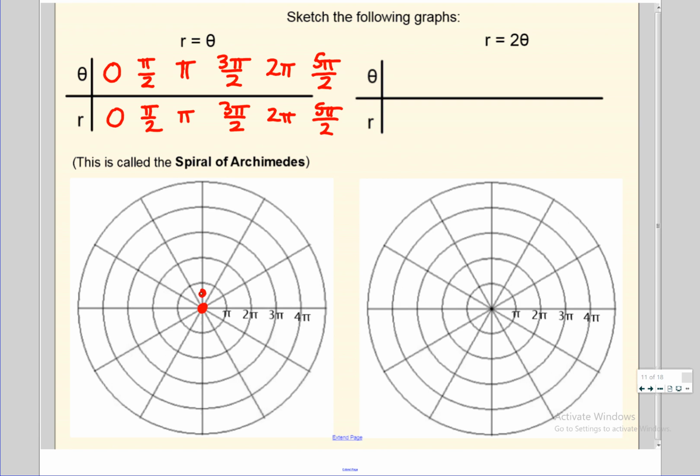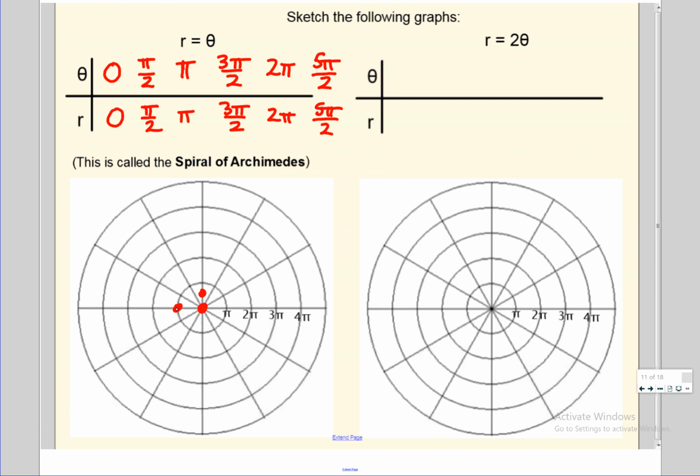Okay. Then pi, pi. Okay, so pi would put me on the first circle out, and then a pi rotation would put me on the left side of my axes there. So on the first circle, on the left side, right there. Okay. 3 pi over 2, 3 pi over 2. So 3 pi over 2, we know my radian measure takes me to the bottom here. 3 halves is halfway between 1 and 2.